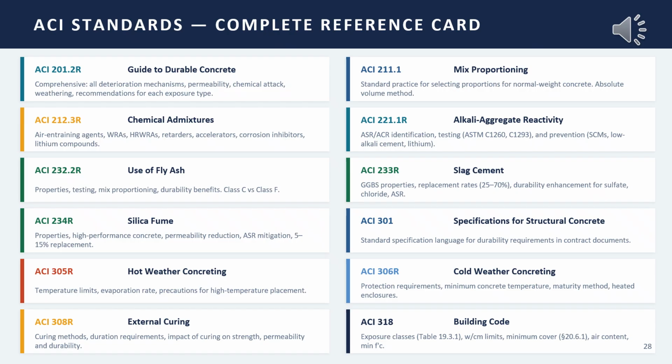This slide is your reference sheet for the ACI documents that we have referenced throughout our discussion on concrete durability. I recommend you bookmark this slide and use it when you are writing project specifications or reviewing existing ones.